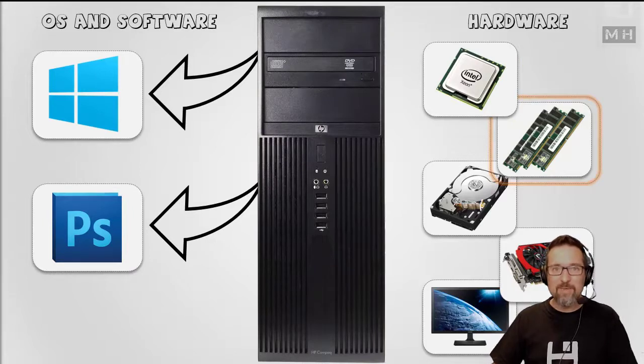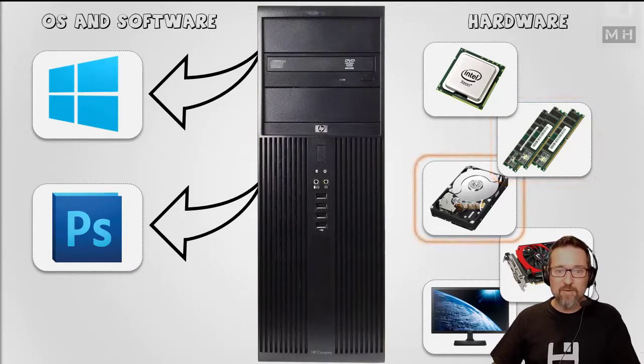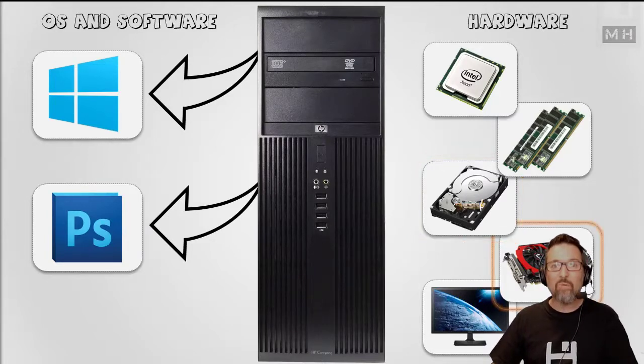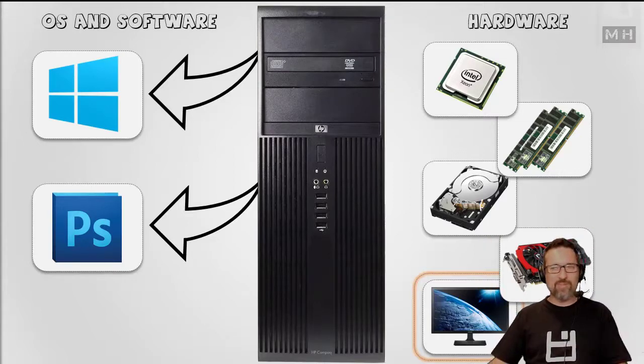Do I have the right amount of RAM in order to run this program? Do I have enough storage space to install the program and work with it and create more files? That's another thing you've got to think of. Will my graphics support the requirements that Photoshop needs, or do I need another graphics card with more power? And what kind of screen resolution or screen size do I need in order to work with this?